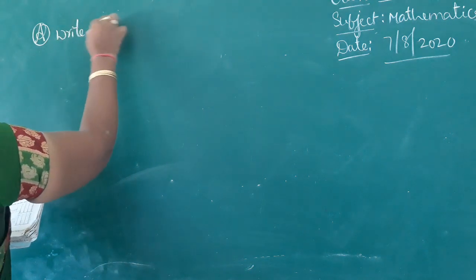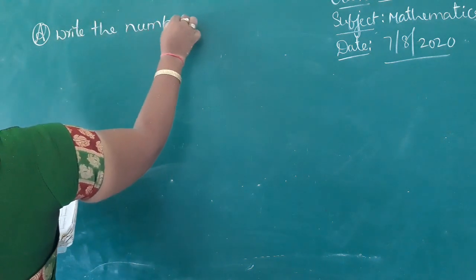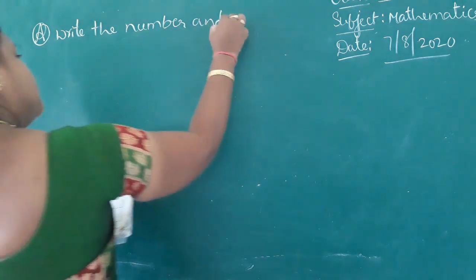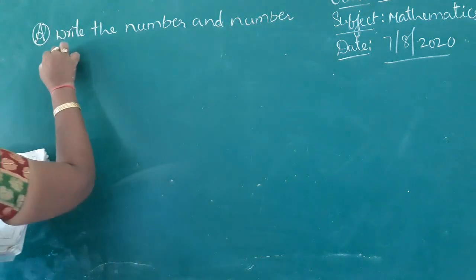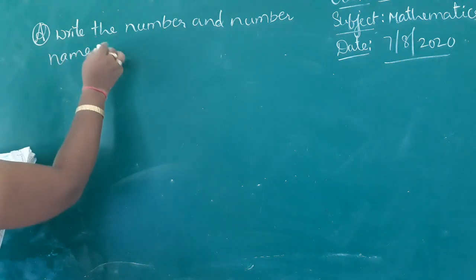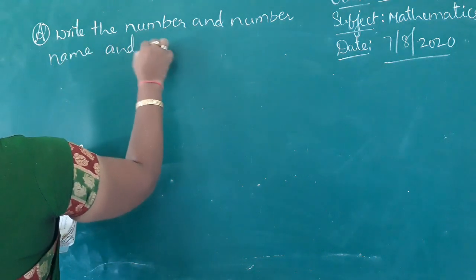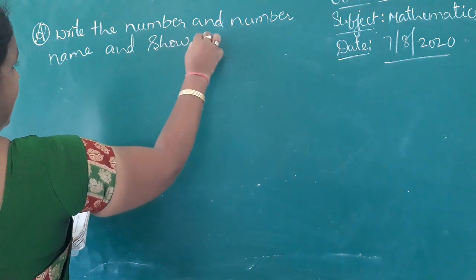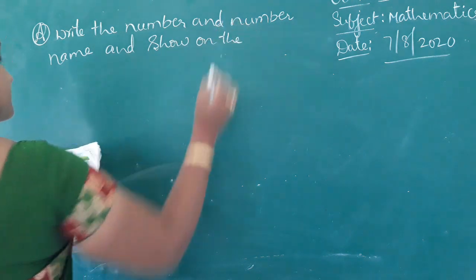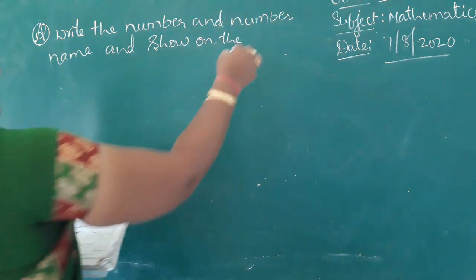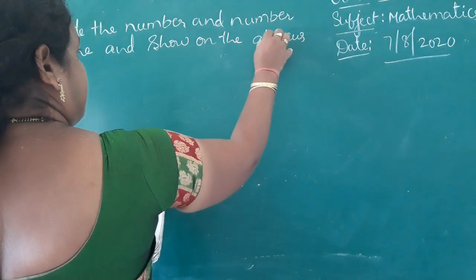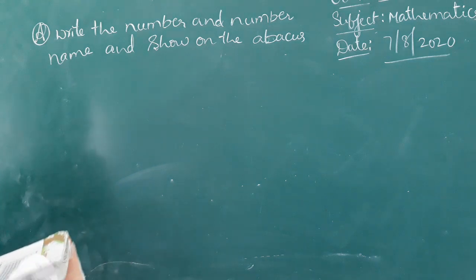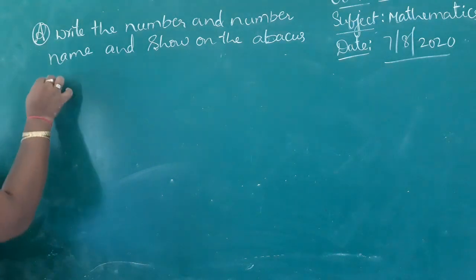Write the number and the number name. And show it on the abacus. Okay, see.